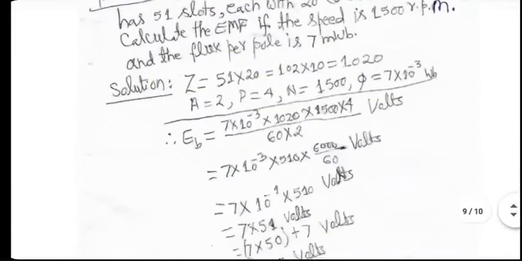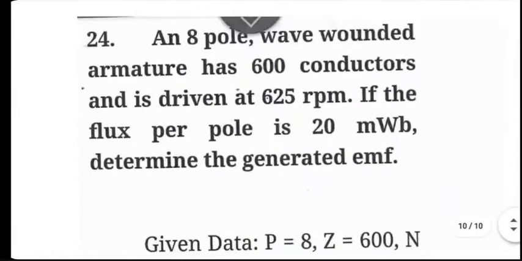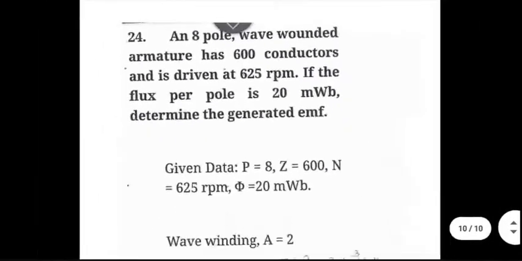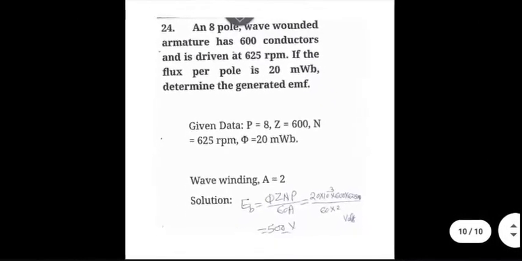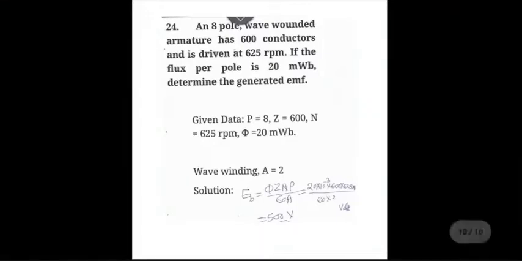Next. Yeah, this one is pretty easy actually. An 8-pole wave-wound armature has 600 conductors and is driven at 625 RPM. If the flux per pole is 20 milliweber, determine the generated EMF.